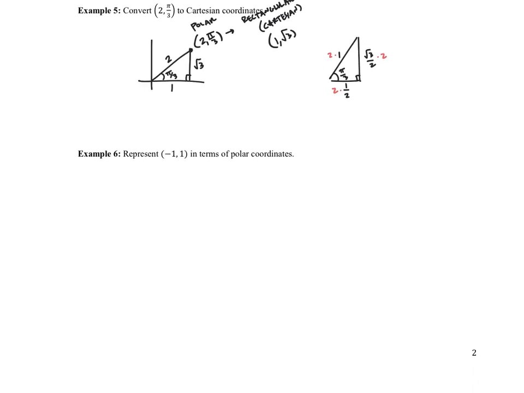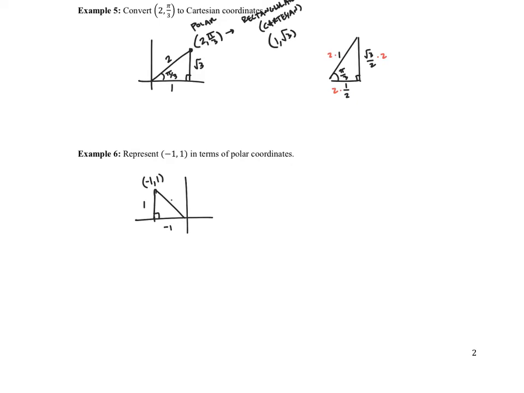Example 6, represent this in polar coordinates. Okay, so -1 and +1. Anytime your x and your y value are the same with potentially different signs, you know you're going to be dealing with some form of pi over 4.